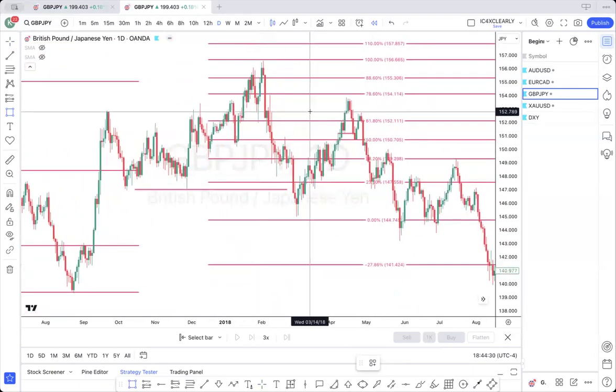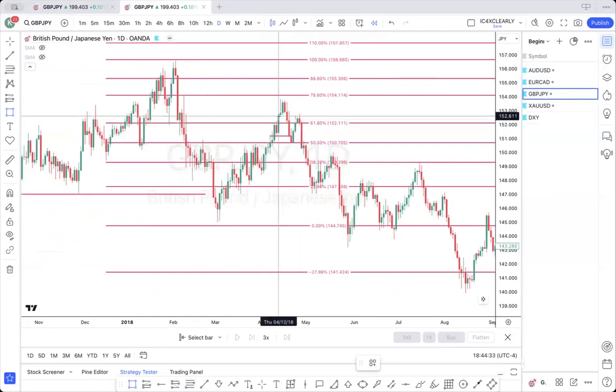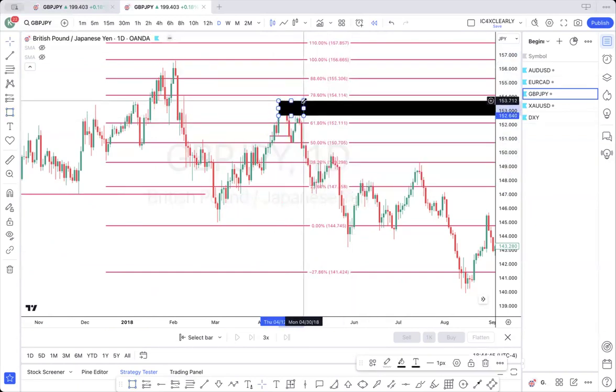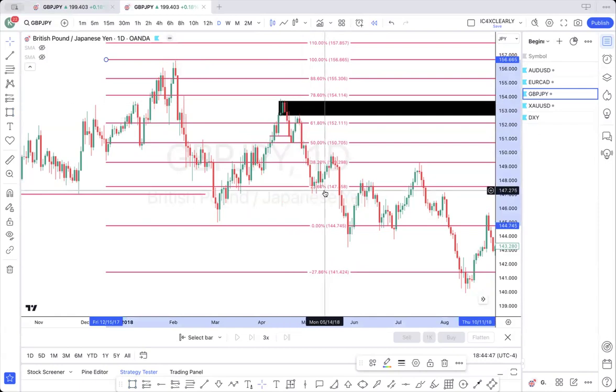Where was, oh, right here. This green candle was the last up candle before this break of structure. So that's where I like to mark up where I want price to come tap into and sell or buy.